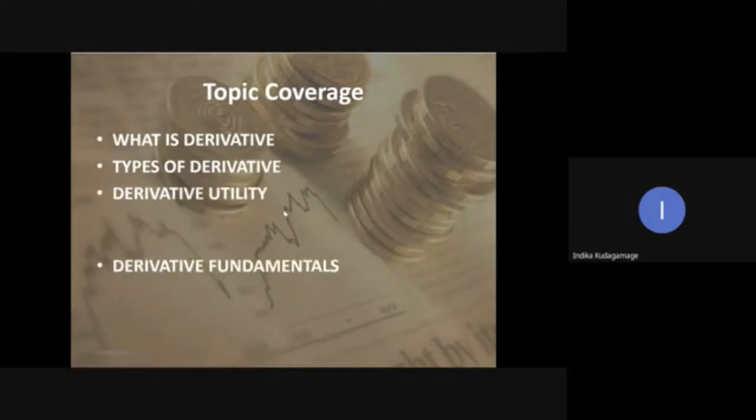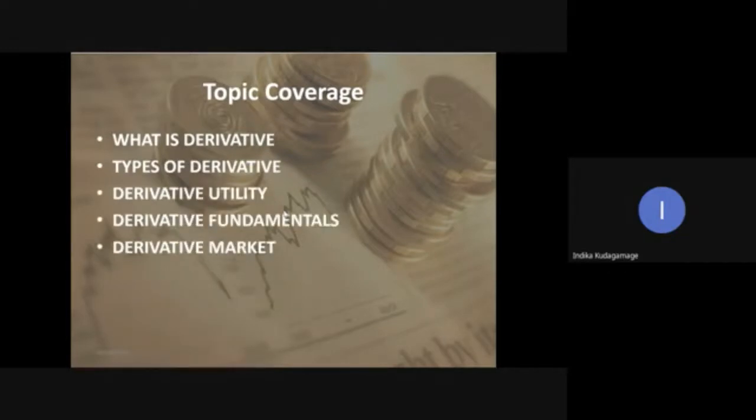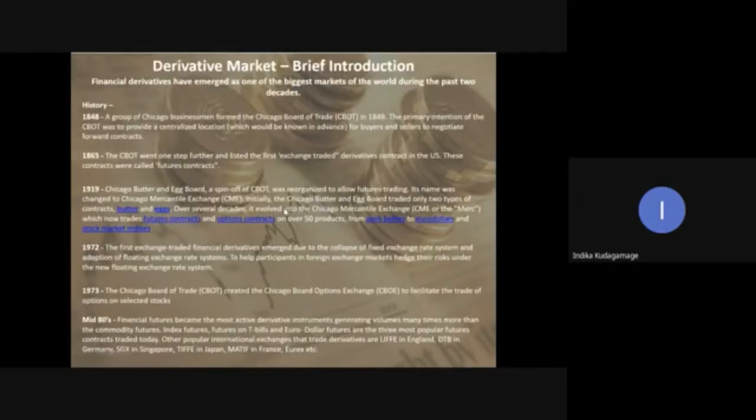This is also a lengthy one, but I'm taking you through only the main items. I will discuss what the 4 derivatives are and the use of them. So if I am to give you a brief history about derivatives, it started in 1848 in Chicago.